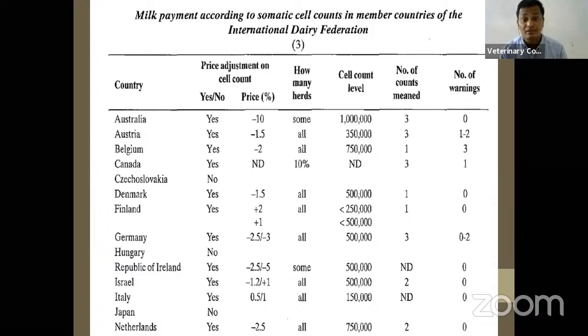Price adjustment on cell count: based on the cell count, whether there is a price adjustment or not. Except for Czechoslovakia, Hungary, and Japan, rest all member states, means the majority of these states, all have price adjustment based on a certain cutoff cell count value. Higher is the count, they will go for a reduction of the price by, say, 10%. You can see the maximum.